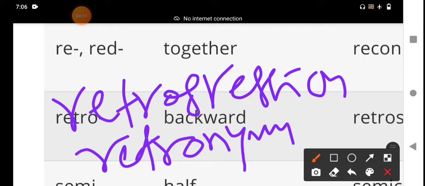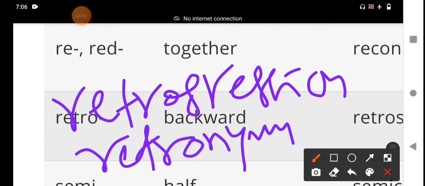That is the meaning of the retronym. These are all the formation of the words from the prefix, which is called a root word, retro. Retro means backward.